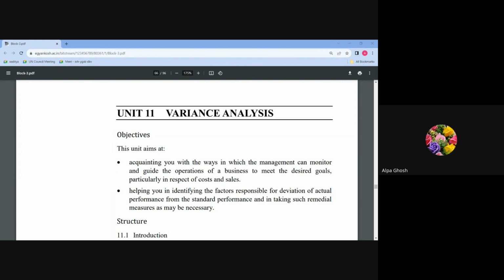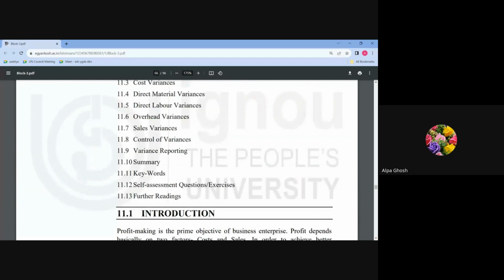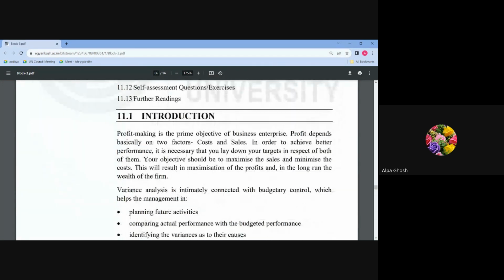The variance analysis can be related to purchase, sales, overhead, efficiency, labor, or material. Any deviation in any form can be studied under variance analysis. Am I clear?